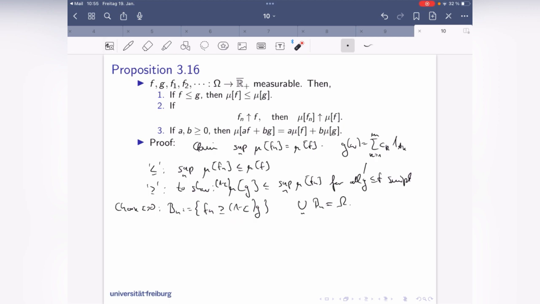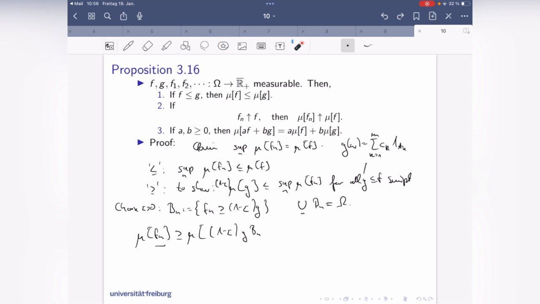So like this here. And then I can write the integral of Fn. I can use monotonicity. That's bigger or equal than the integral over (1 minus epsilon) g on Bn, I claim, because Fn is bigger or equal than (1 minus epsilon) g, at least on Bn.